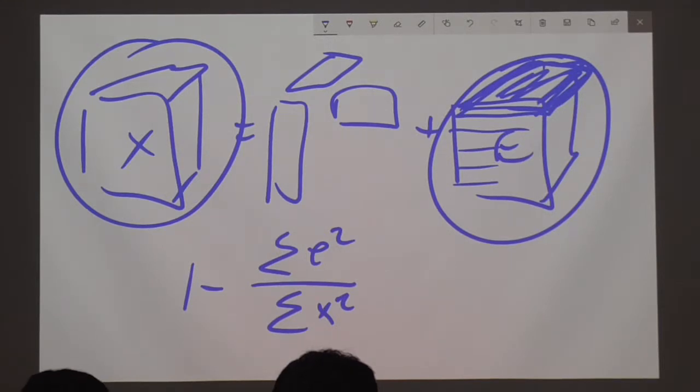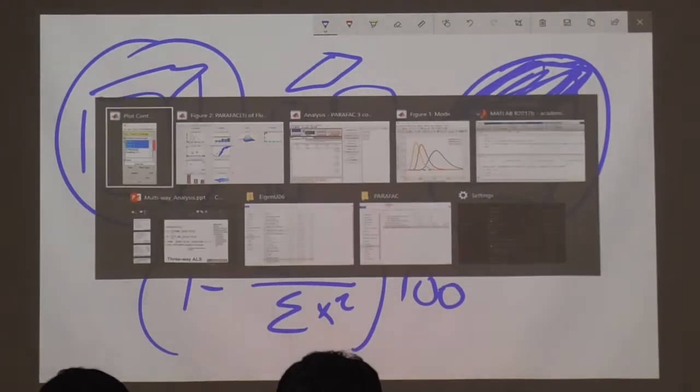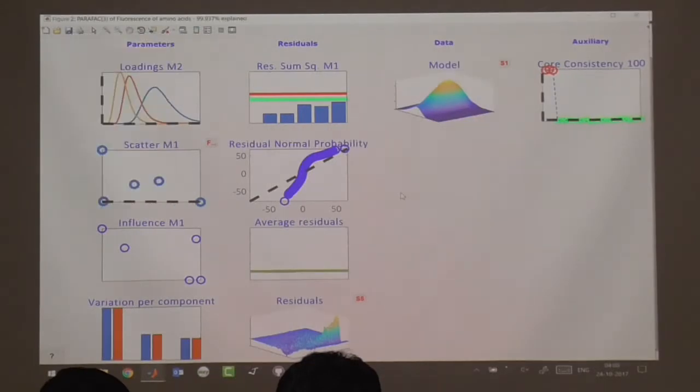So this is the fraction of explained variation. So this is how much variance is explained in percentages. So it's the size of the residuals relative to the size of the data. And that's the number that you see up here. That's how it's calculated technically.